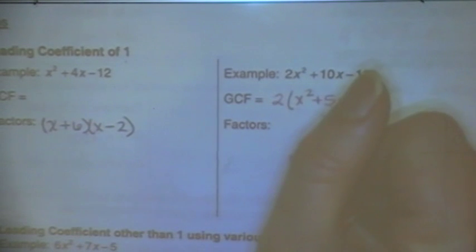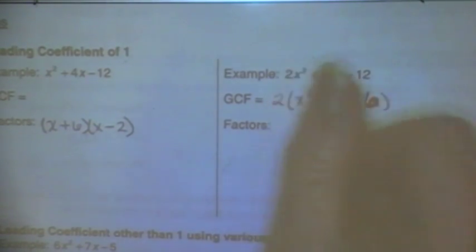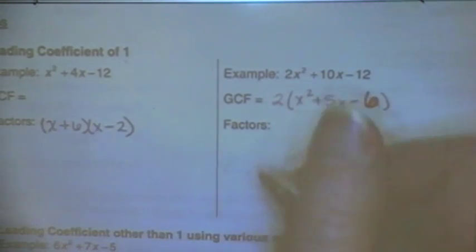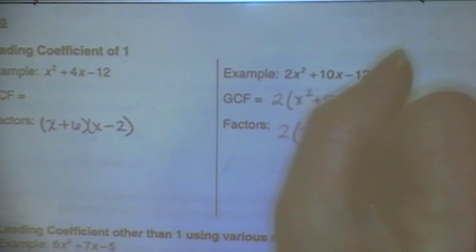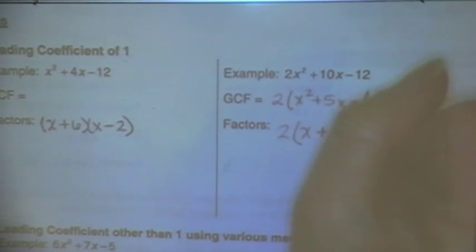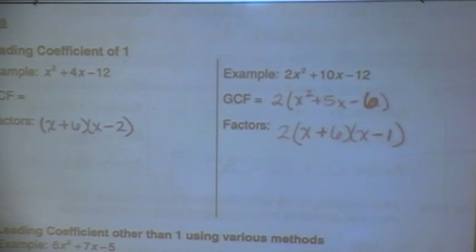So it's not 3 and 2 because I can't get 5 with a negative 3 and a positive 2 or a positive 3 and a negative 2. I can only get 5 with x plus 6, x minus 1. In this case, it might have benefited you to use the factor sum chart because sometimes people mistake this one and use 2 and 3. Alright, so that's just a little review.